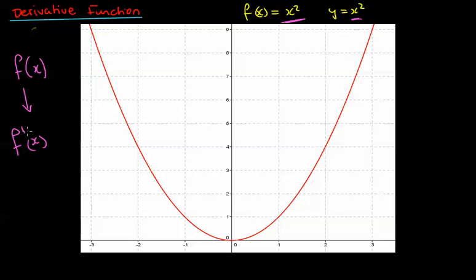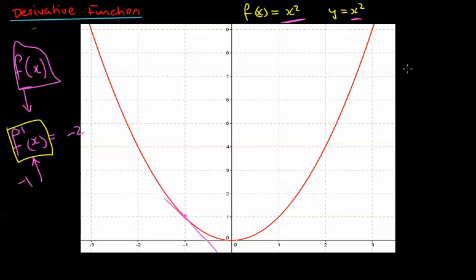For example, if I wanted to work out the gradient at minus 1 for this function, I'd put minus 1 into this derivative function. It will spit out the number minus 2, and it'll tell me that this tangent line is exactly minus 2 steep.